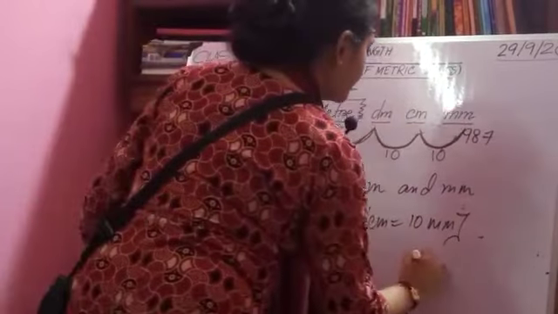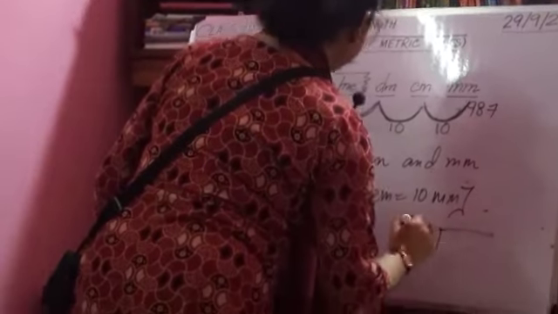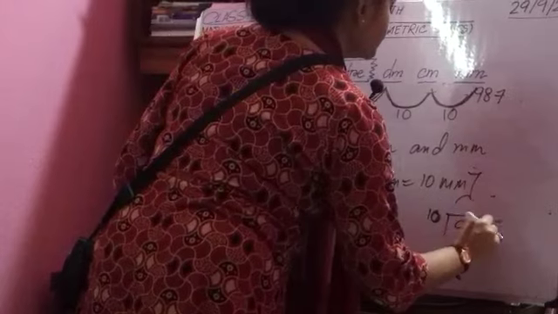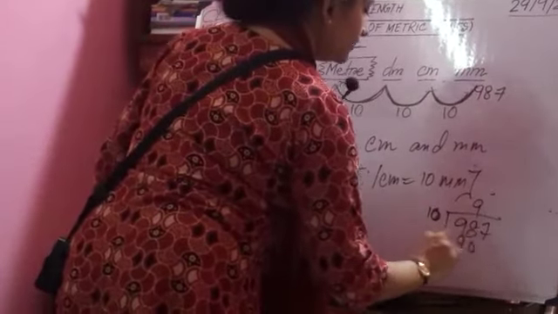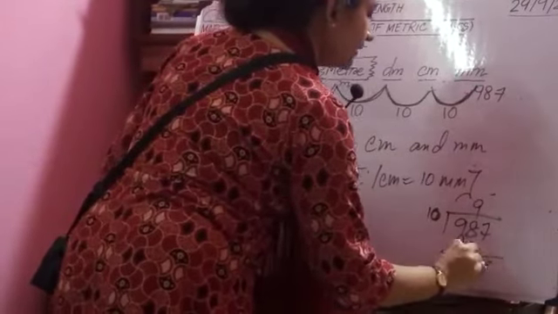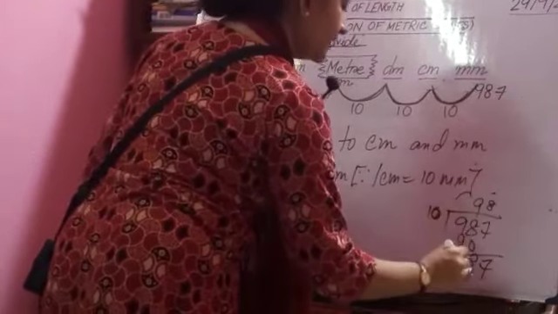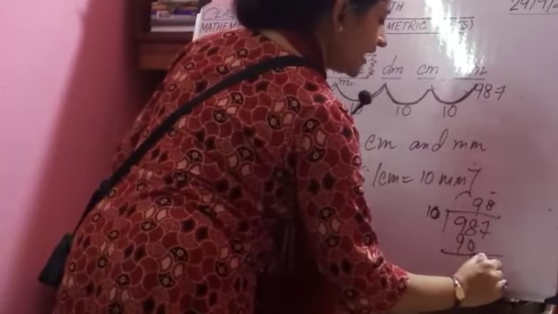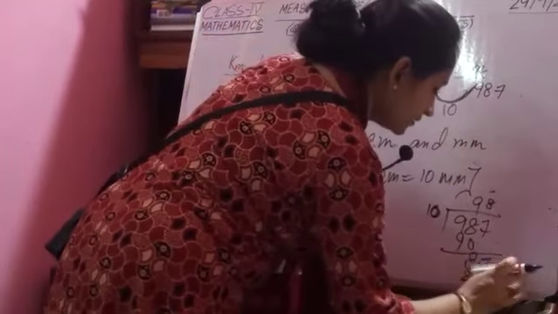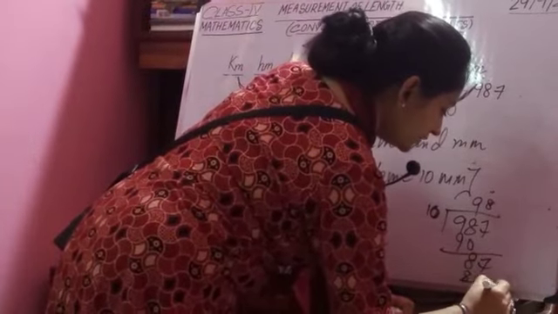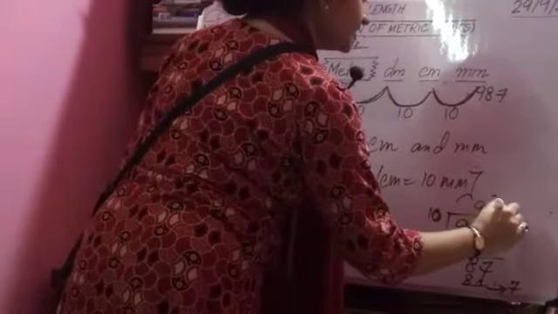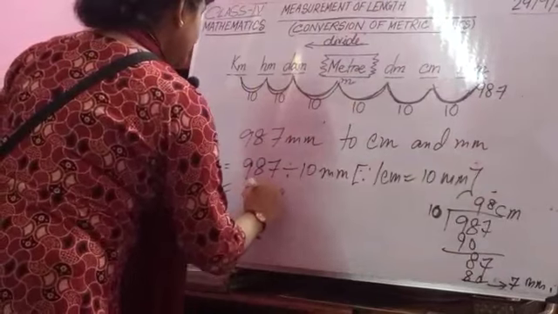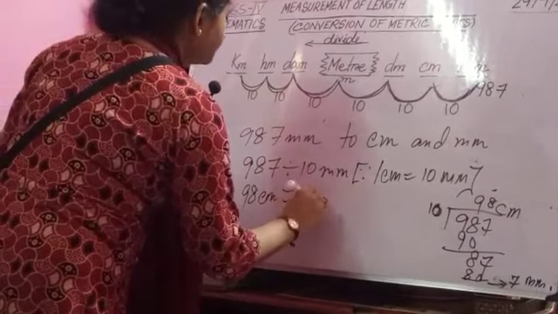Let us see what we get. 9s are 90, 87, right? Again 8s are 80 and 7. Here we have 7 as remainder. So this will be centimeter and this is going to be millimeter. So 98 centimeter, 7 millimeter.